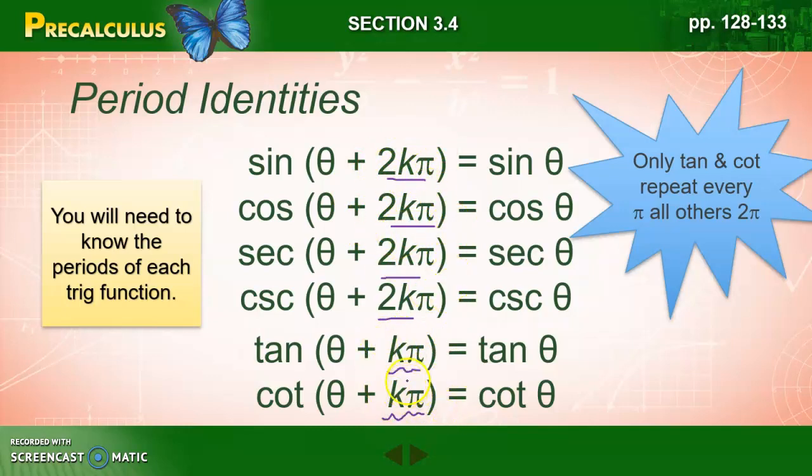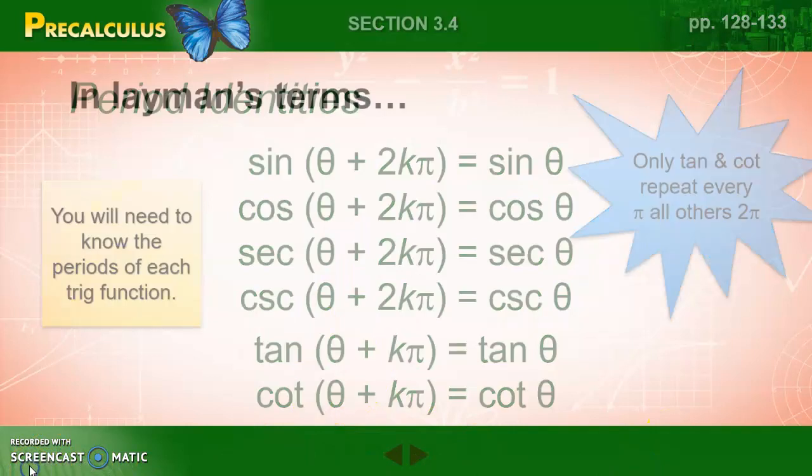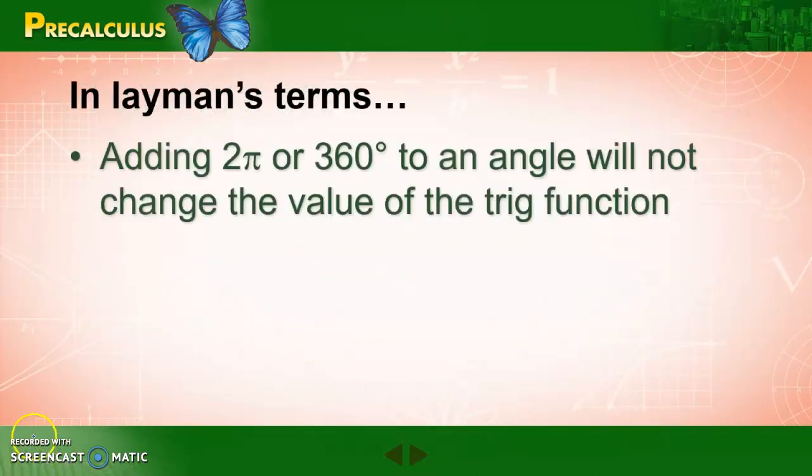Tangent and cotangent repeat every 180 degrees. And what this says in layman's terms, essentially, is that adding 2 pi, or 360 degrees, to an angle, or pi or 180 degrees if we're talking about tangent or cotangent, will not change the value of the trig function.